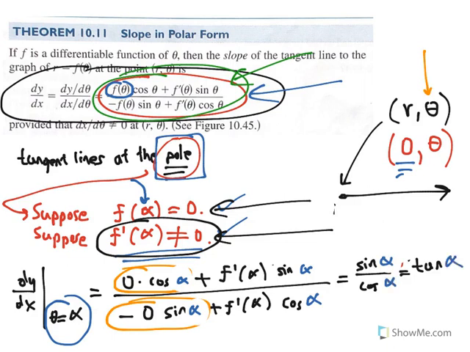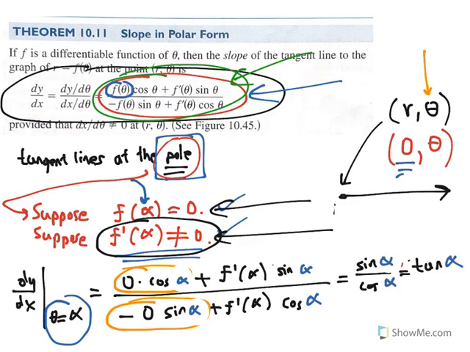So what does this tell us? It tells us how to find slopes of tangent lines at the pole for graphs of polar equations.